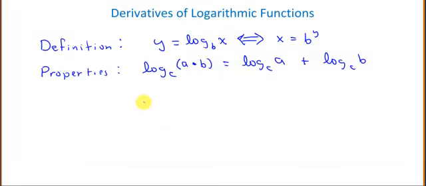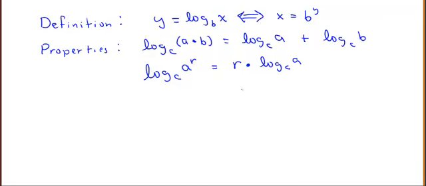We had a second property, the log base c of a raised to the power r was r times the log base c of a. And notice here that logs change an exponent to a multiplier, a harder operation to an easier.